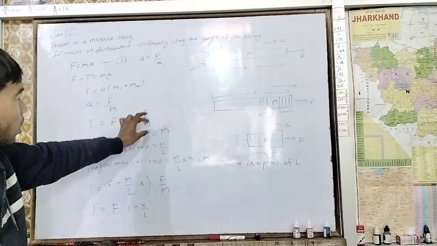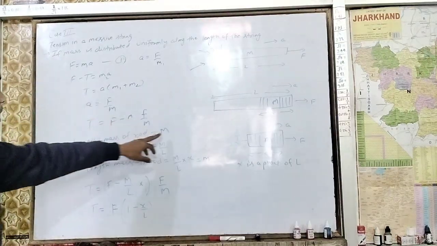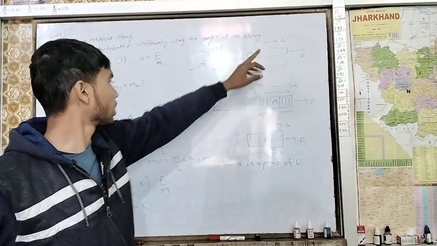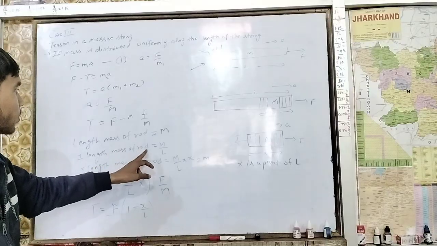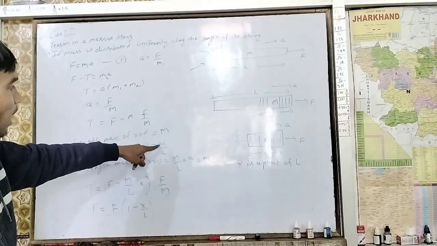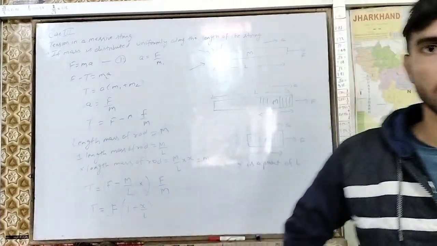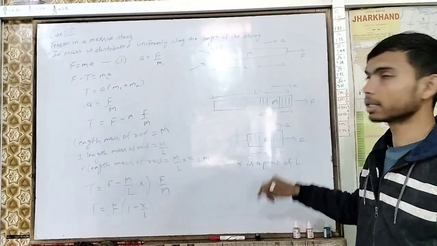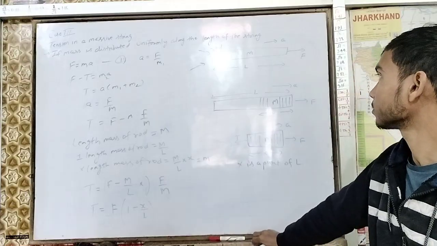To calculate the length mass of the rod, we know big M and this is small m. So there is one length mass of the rod. We will divide M upon length. What will be the mass of the rod? For example, 10 and length is 2. We will get our one length mass. Okay, one length.